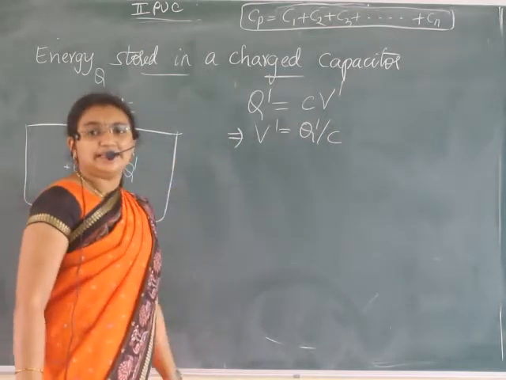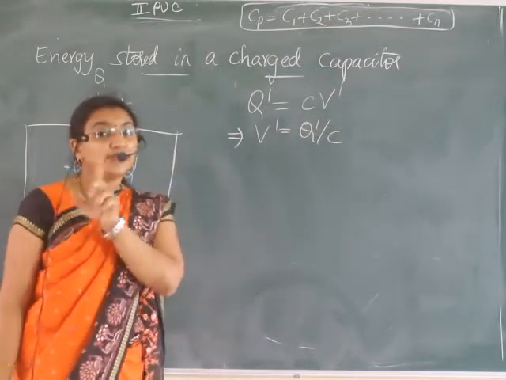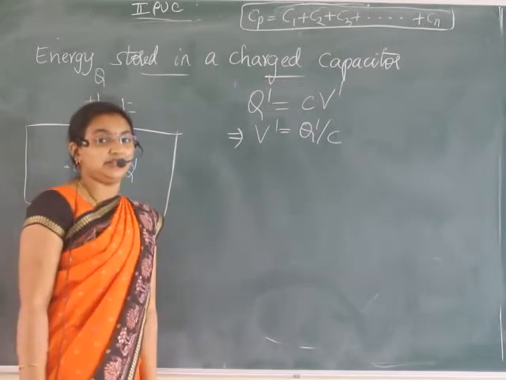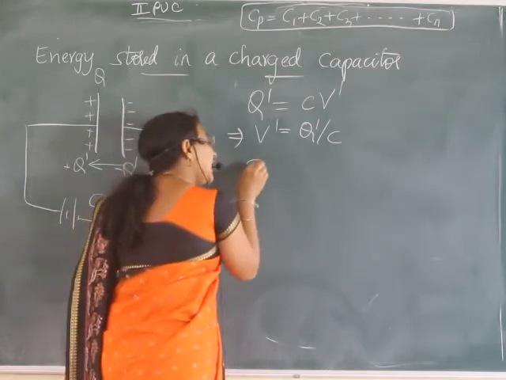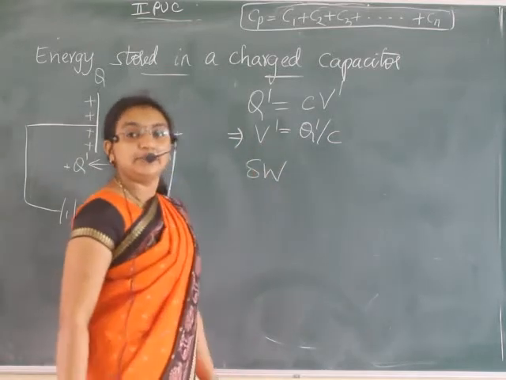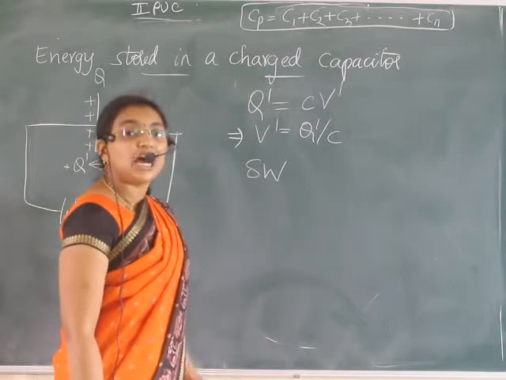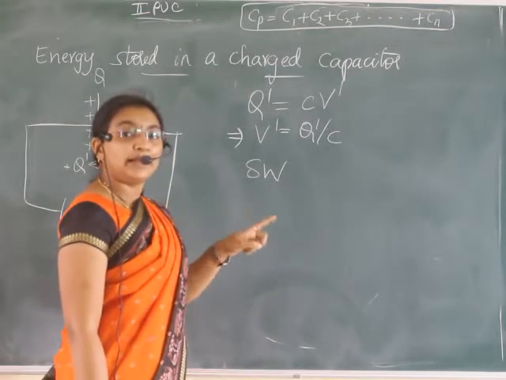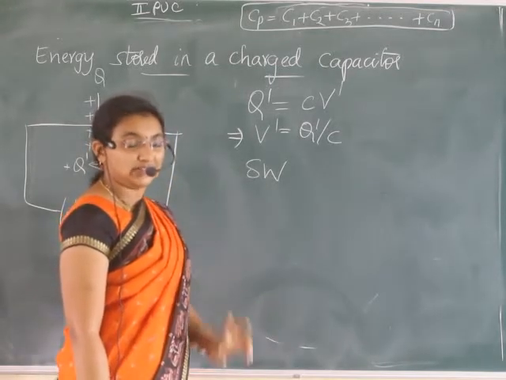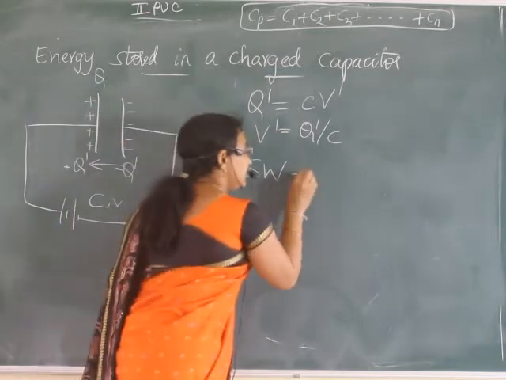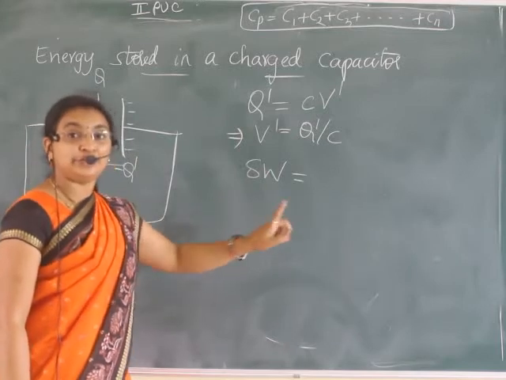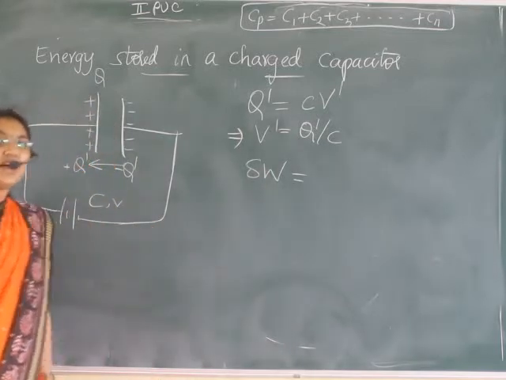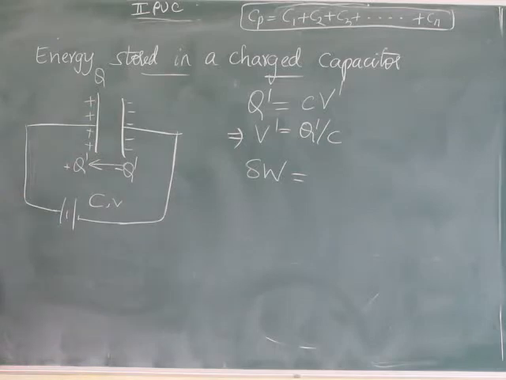During this intermediate state, when the charge is moving from lower potential to higher potential, work is done. Let the small work done be delta W in moving the charge from one plate to another for charging. Work done is nothing but potential into charge.